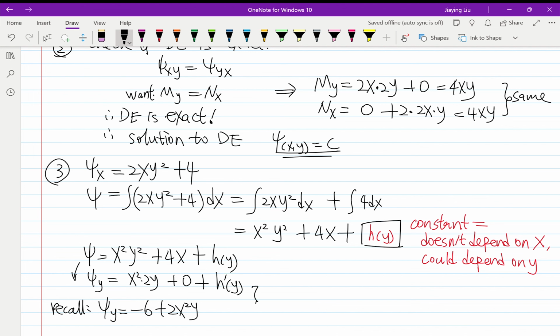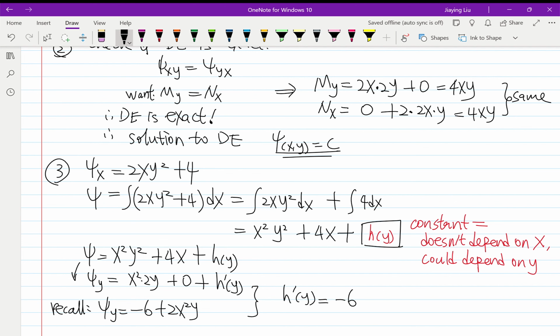And if I match this, the one I took the derivative of and the one that we already know from very early on, those two should match, otherwise they're not going to be the same. So h prime of y is going to equal negative 6.